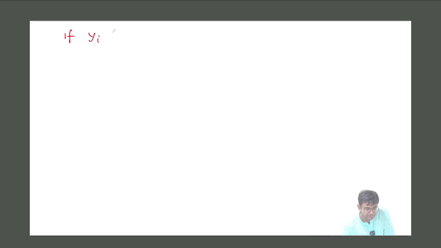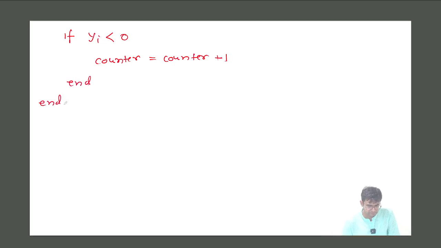If y i is less than 0, you update your counter to counter plus 1. Finally, your probability of failure is the counter divided by n. This is what we discussed yesterday, right.